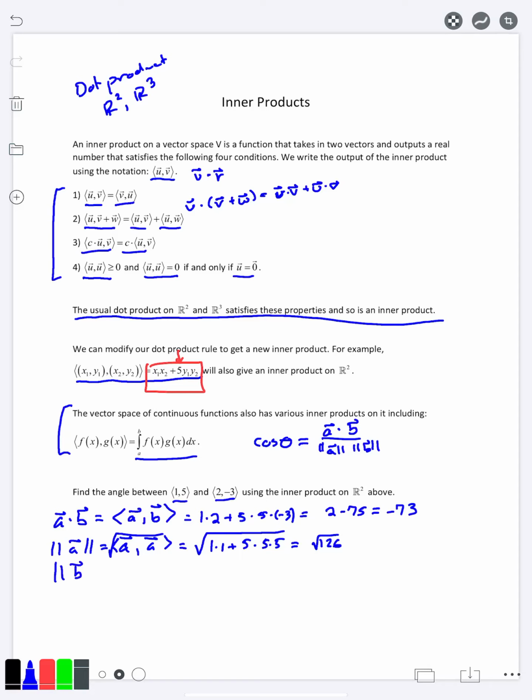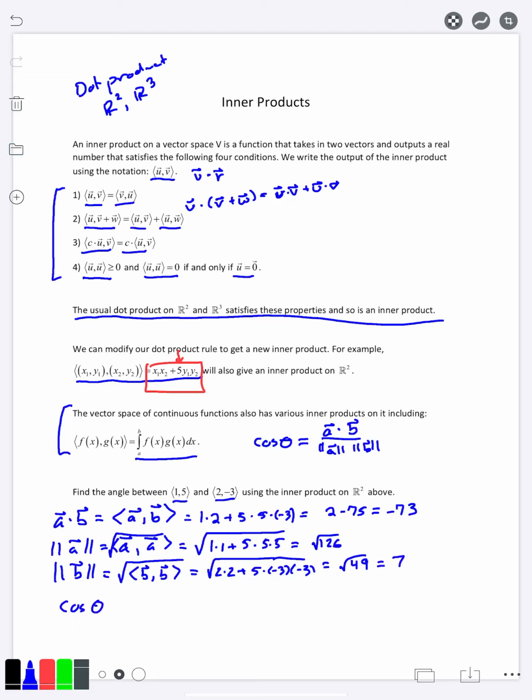Then we calculate the length of b here. That's the square root of b inner product with itself. Square root of x times x plus 5 times y. And let's see here, it's going to be the square root of 49, it looks like, which is 7.